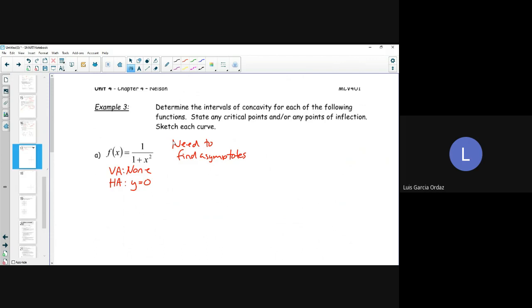Can anyone tell me why my horizontal asymptote is y is equal to 0? It has to do with the denominator and the degree and all of the signs in that denominator. So will I ever get a negative number?